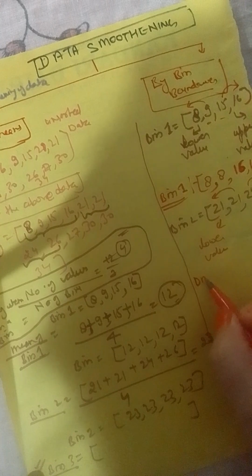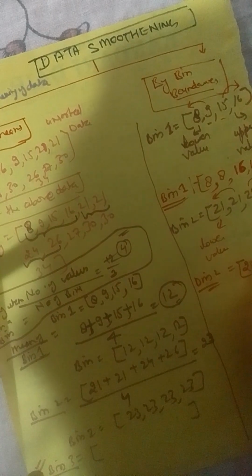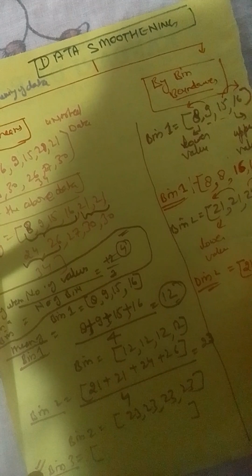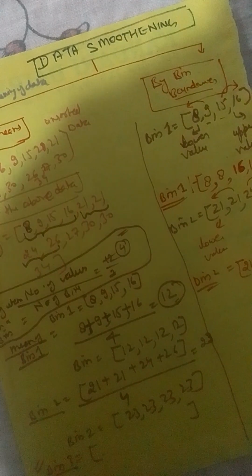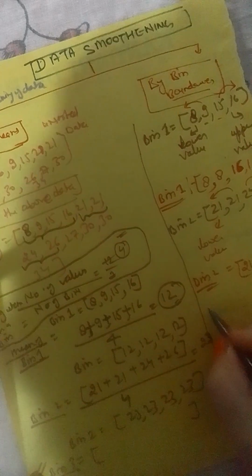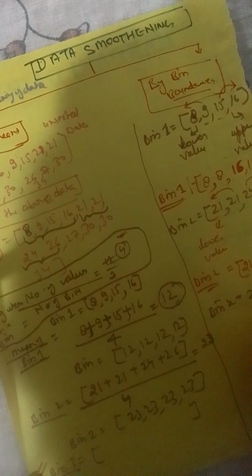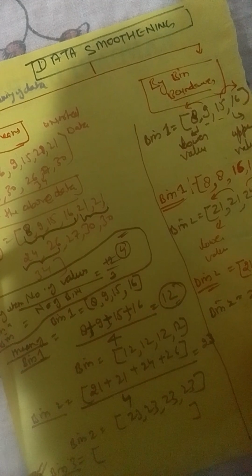Bin 2 would contain 21, 21 and 26, 26. This is the thing. Fine. So bin 2 would be 21, 21, 26, 26.